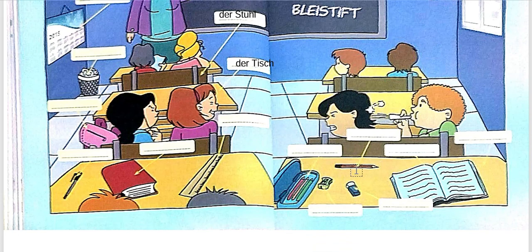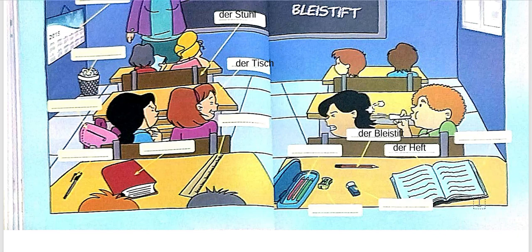Next, they're pointing at this pencil. So this pencil is called der Bleistift. If I talk about this, they're pointing towards the notebook, so das Heft. Here they're pointing towards, I don't know what they're pointing towards here.